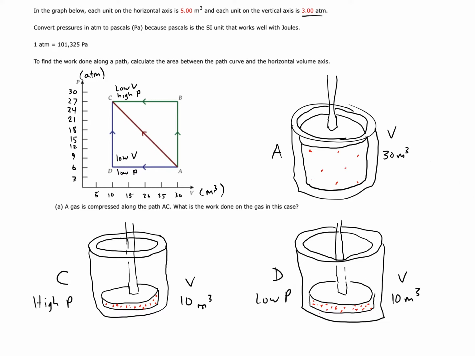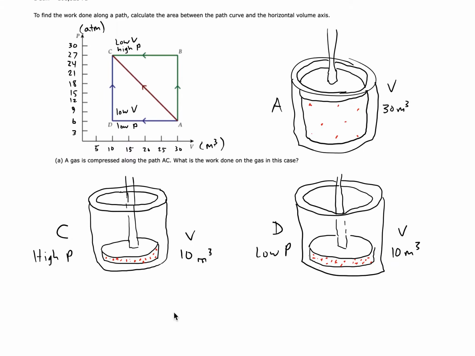So how can you show pressure in this diagram? One thing you could do is show that according to the formula PV equals nRT, they have the same volumes. This is constant for both C and D. They have the same n. n is the number of particles inside the cylinder.